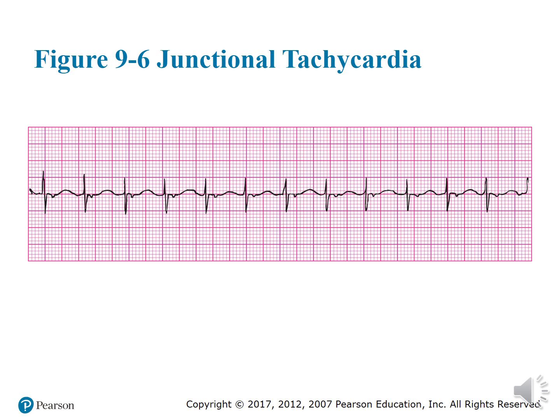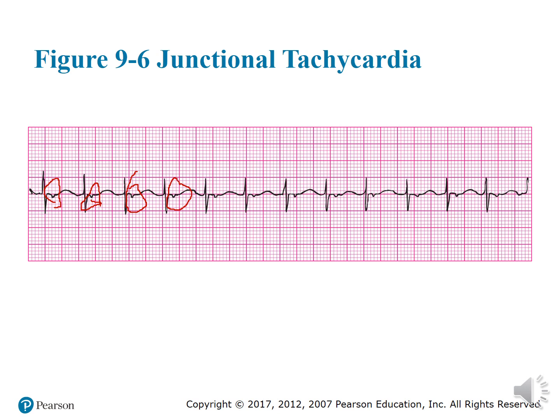If you look at it really, really good, and I'll try to mark them, if you look right here, you'll see there's a P before the T. Remember I said if there's no P, then it's an SVT. If you see a P after the QRS, then it is a junctional tachy.